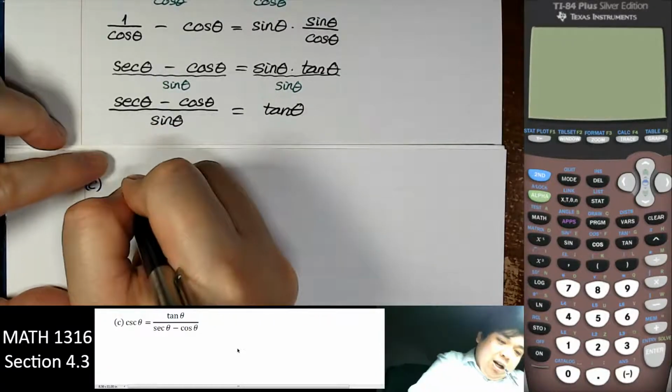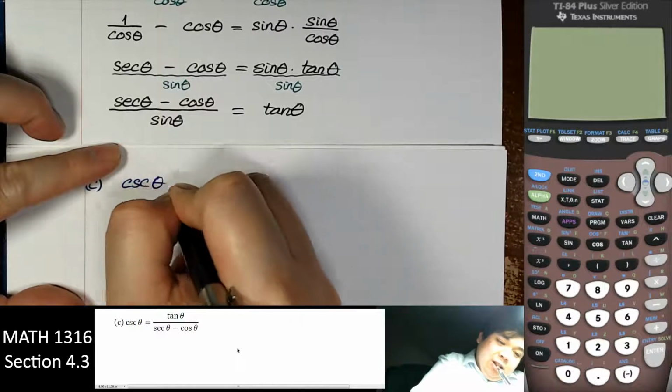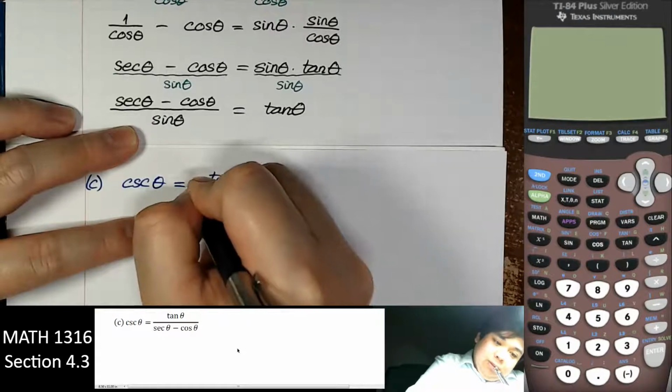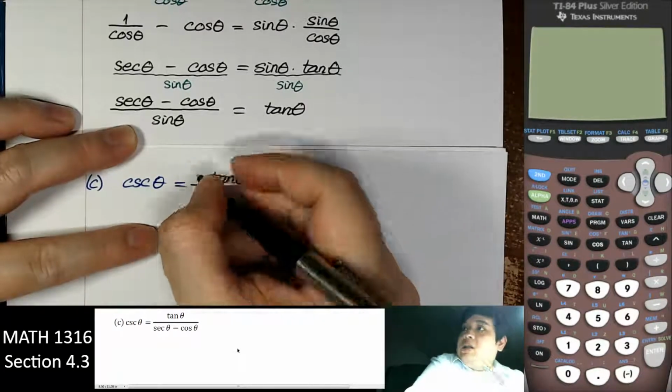Cosecant equal to tangent, secant minus cosine.